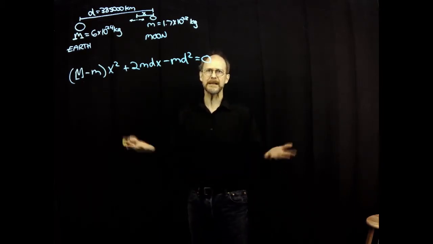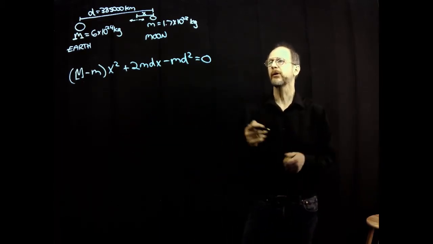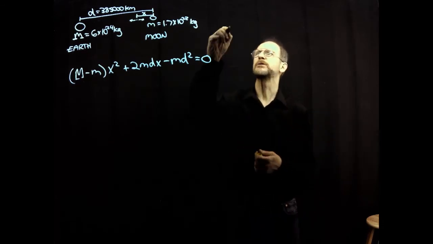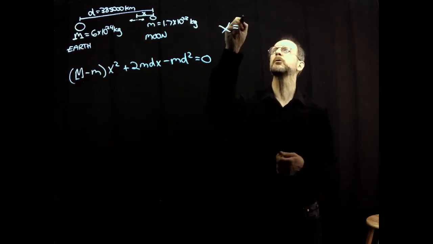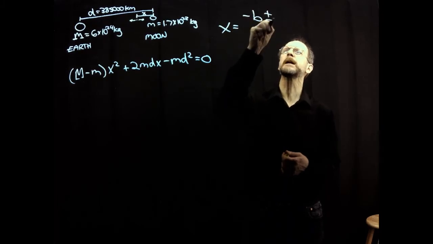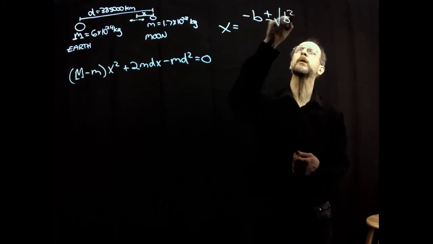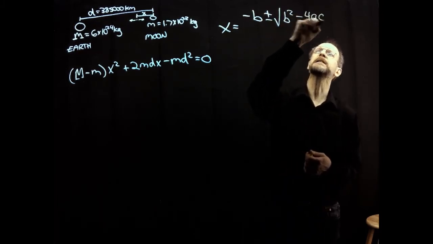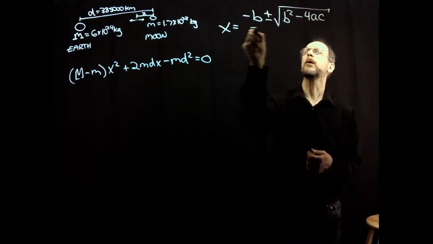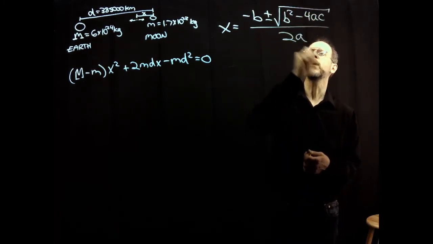In algebra, you probably learned the quadratic formula, which is that x is equal to negative b plus or minus the square root of b squared minus 4ac, all over 2a.